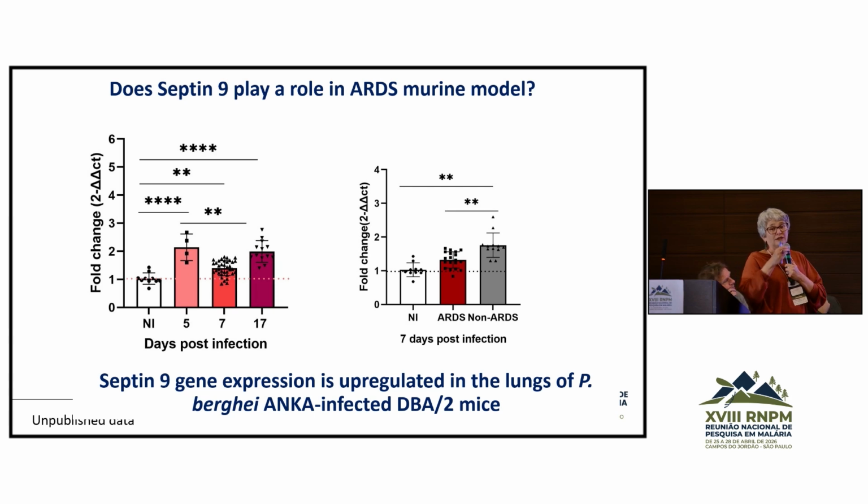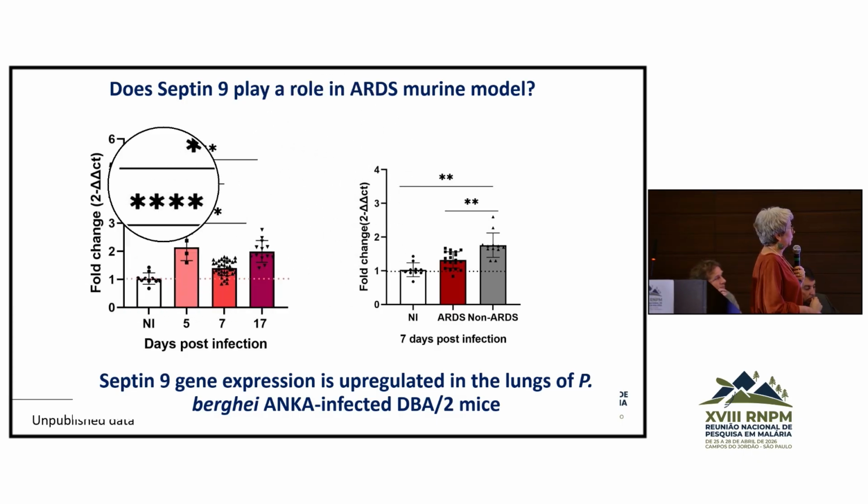In another model, when you do the knockdown of septin 9 in an intestinal permeability model, there's an increase of intestinal permeability. So we are trying to understand what is the role of this septin.